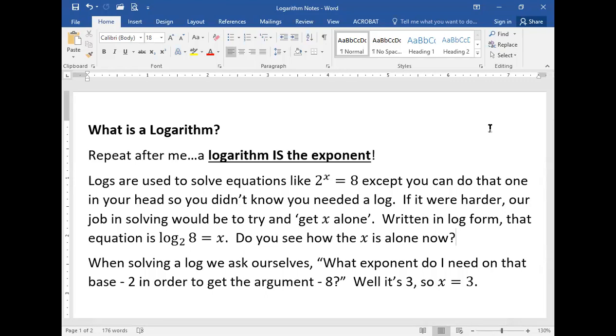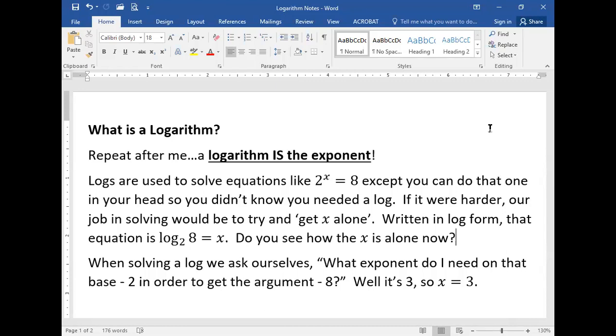Okay. All right, so here we go. What is a logarithm? So repeat after me. A logarithm is the exponent. Say it. One more time. A logarithm is the exponent. In math, the word "is" is the equal sign.